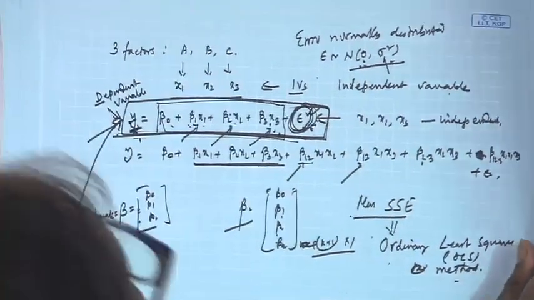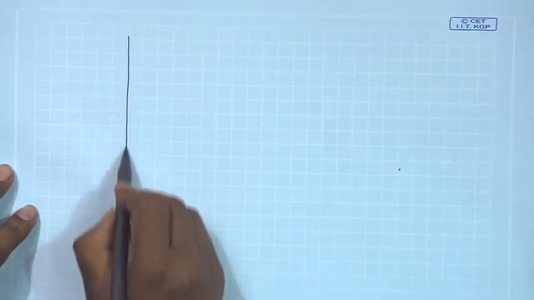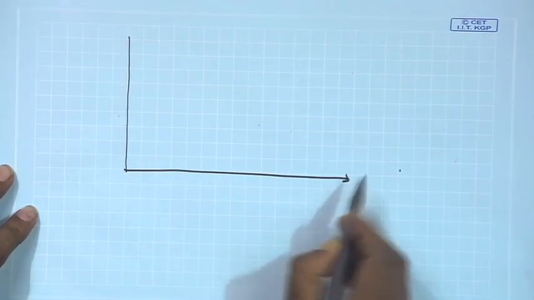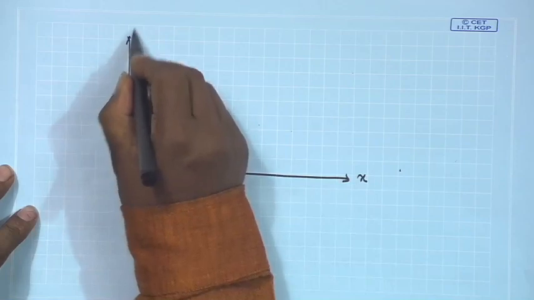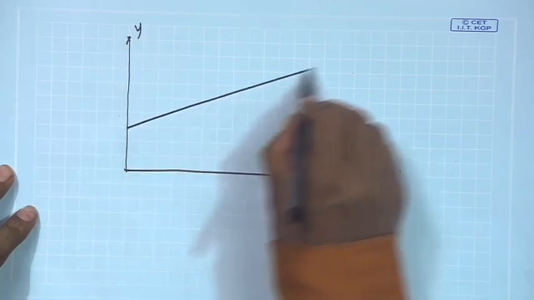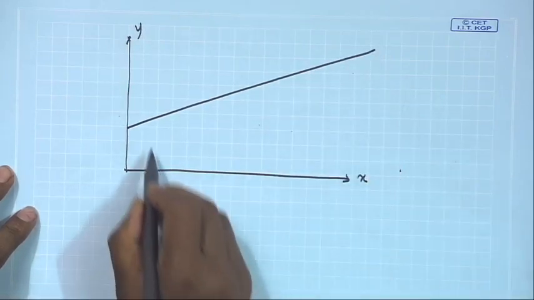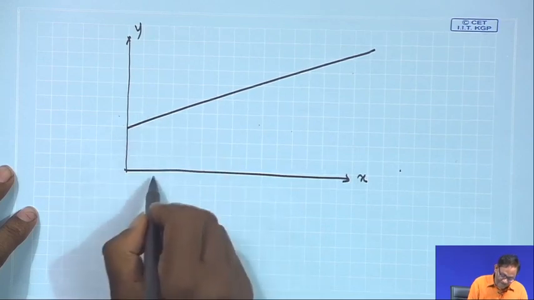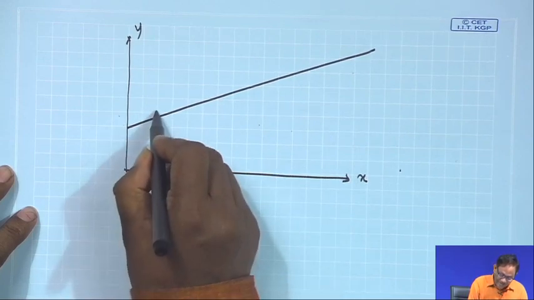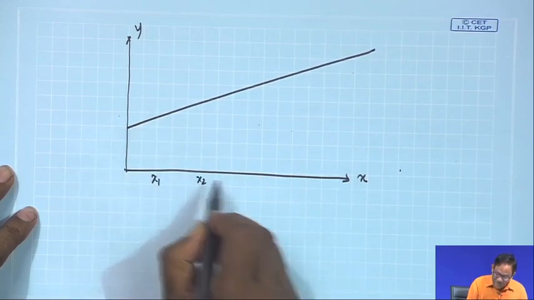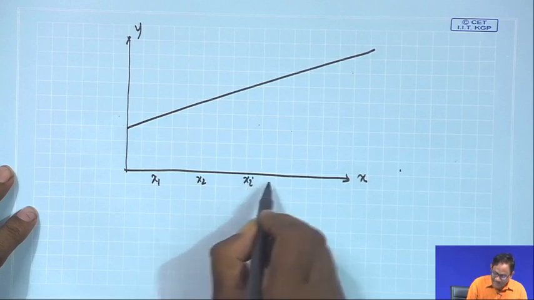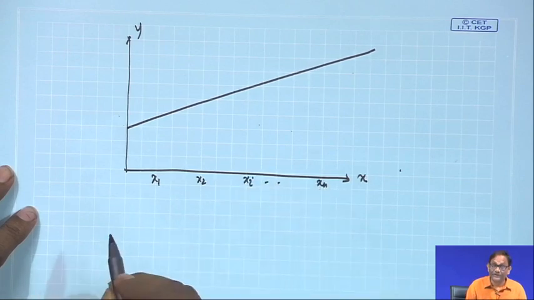With reference to simple linear regression, with one variable, it can be represented pictorially like this. Suppose this is x, this is y, and this is my regression line. Suppose this is x1, this is x2, this is xi, and similarly xn values are there.